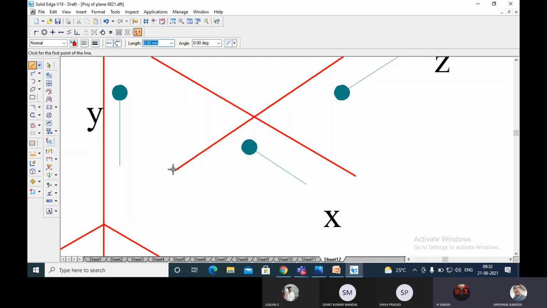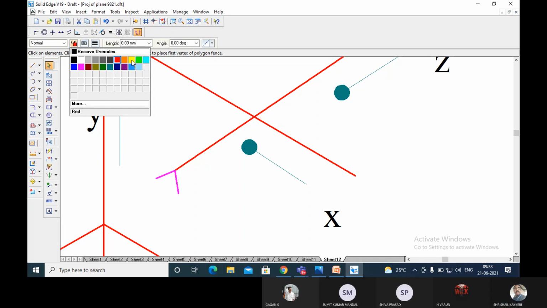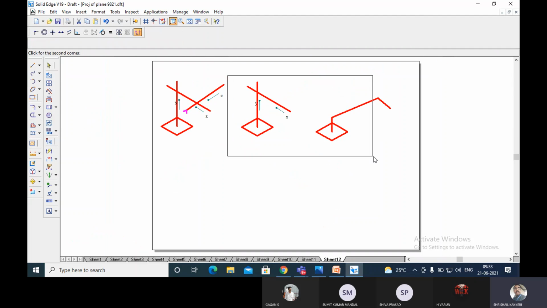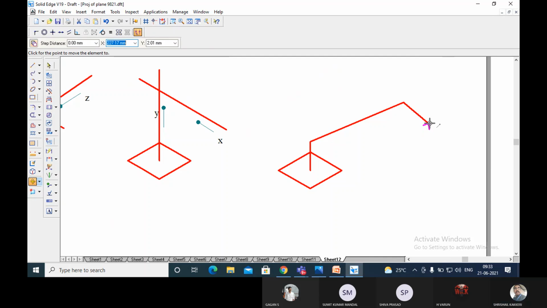Okay, sir. This is called the end effector of the robot, and I'll write this for all of these.